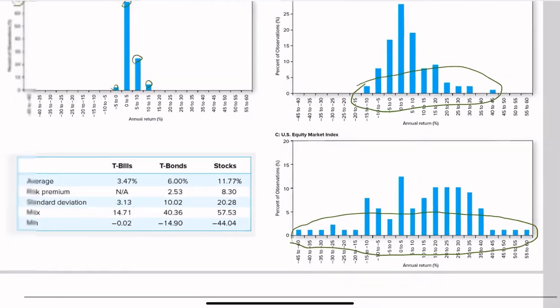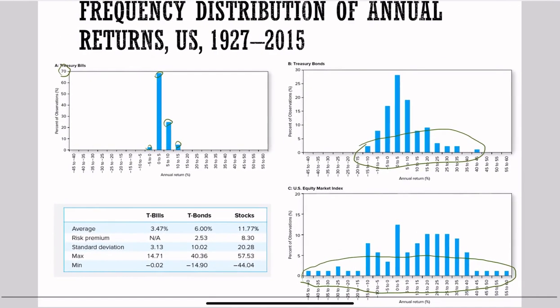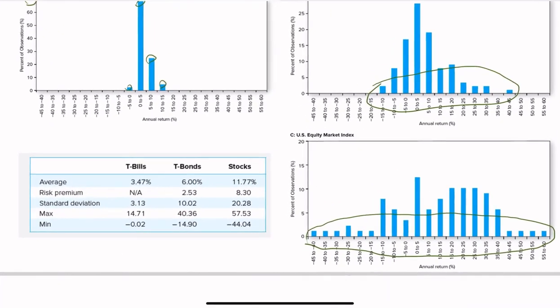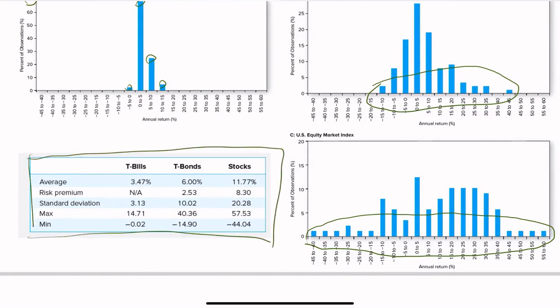So this gives you the common sense everybody knows. That is, the equity market is riskier compared with long-term government bonds, and long-term government bonds are riskier compared with short-term government T-bills. You can see this from this table, which gives you a basic summary of the risk and returns of T-bills, T-bonds, and equity.